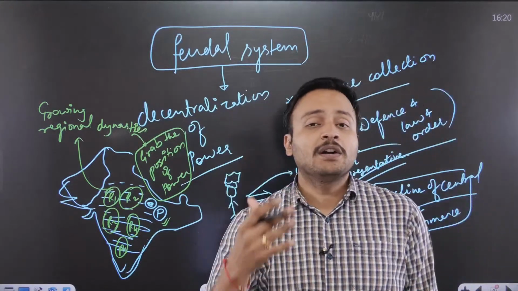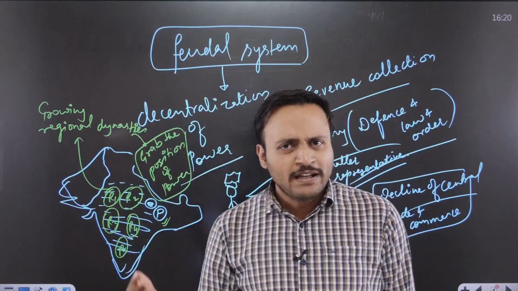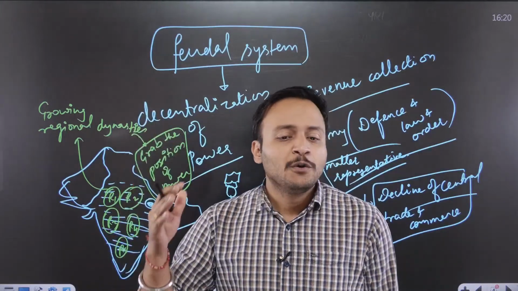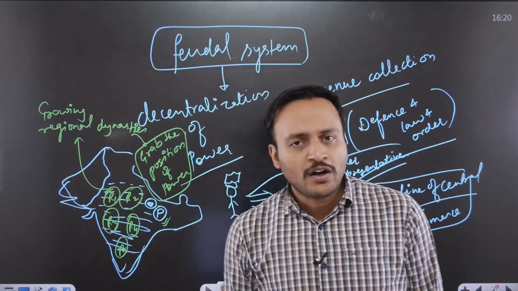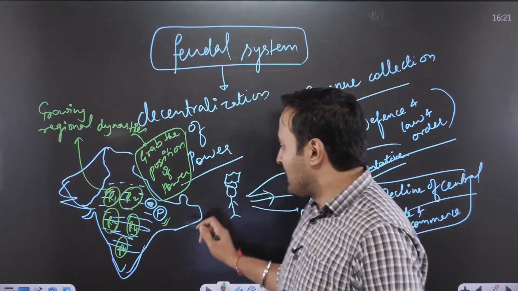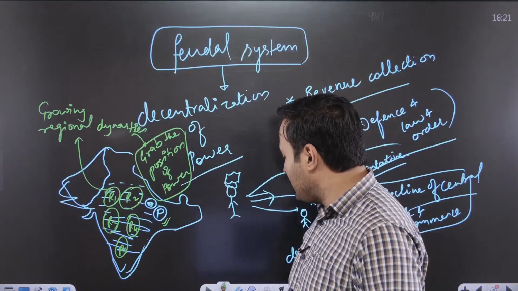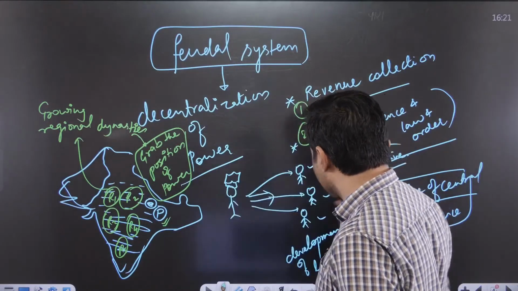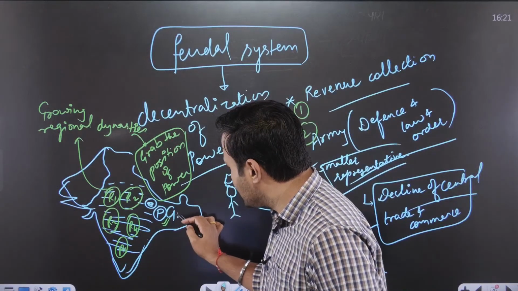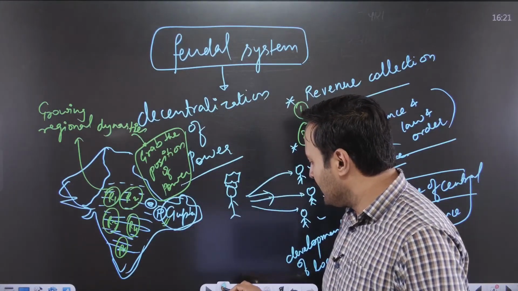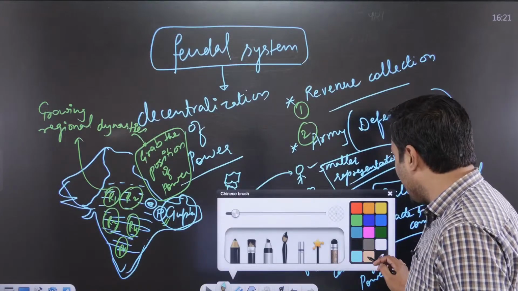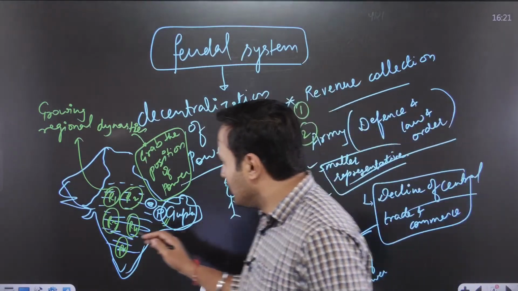Why so? Because eventually the central dynasty which was managing or regulating them would not be stronger. For example, let us assume that this is the Gupta dynasty, and the Gupta rulers had deployed several other people.